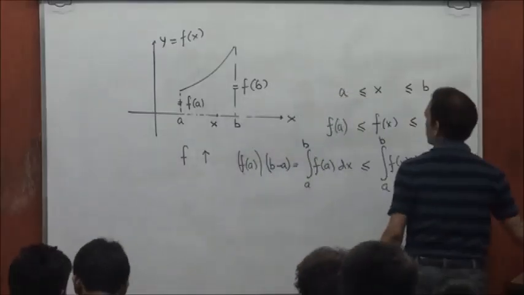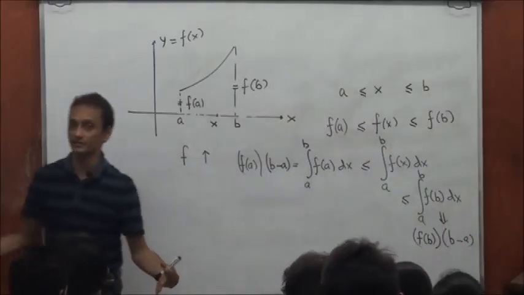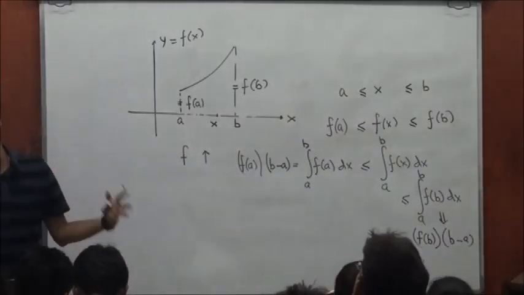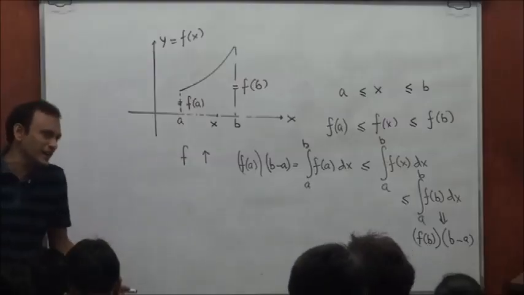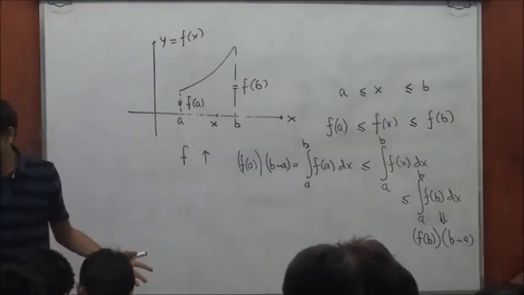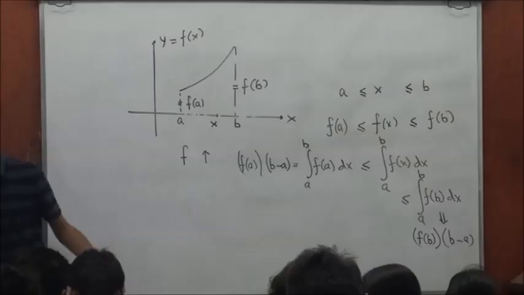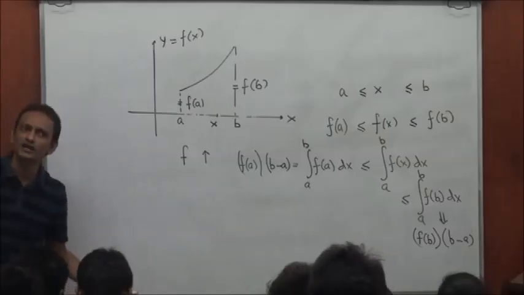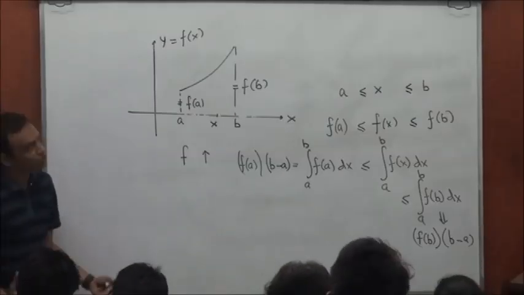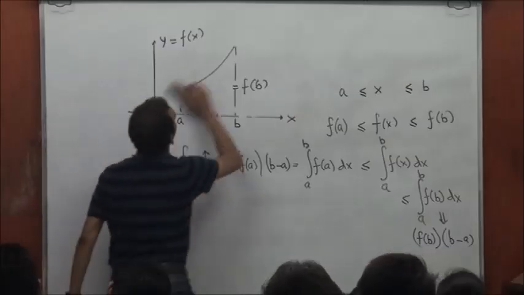Now suppose a function is not monotonic in a given interval. Then it will have a largest value and a smallest value in that interval, which could happen anywhere, right? It will still have a largest value, capital M, and a smallest value, small m, in that interval.